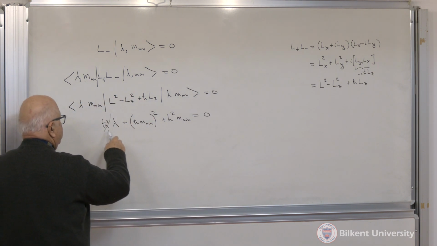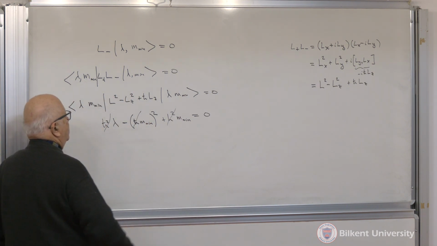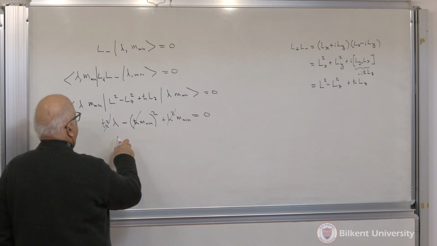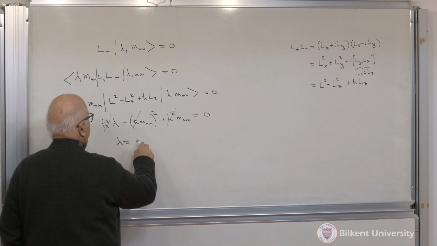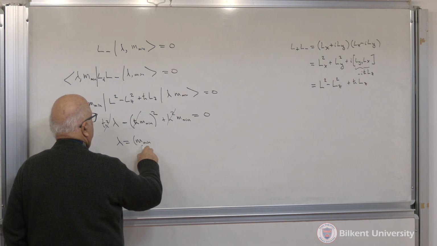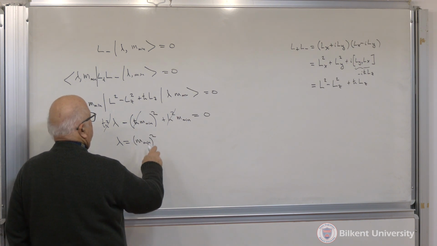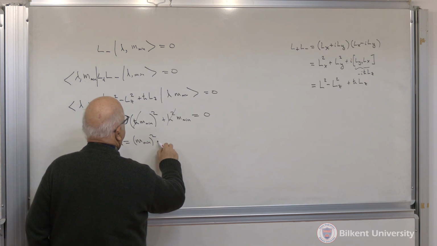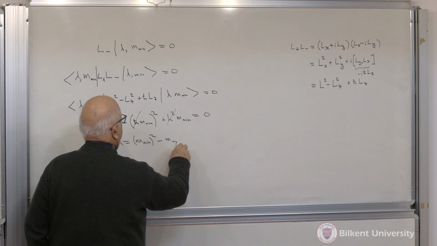If I cancel the h bar squareds, I end up with lambda equal to m minimum squared minus m minimum.